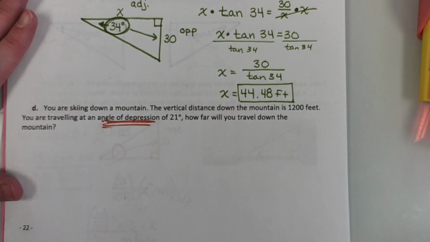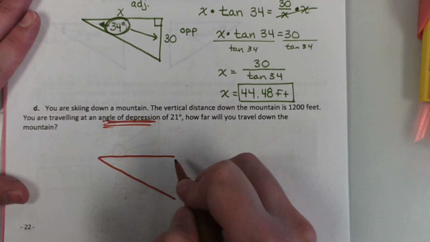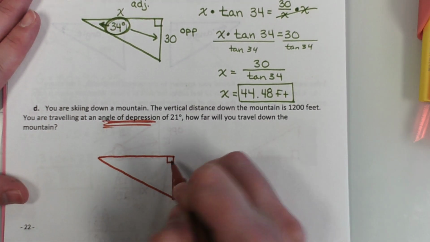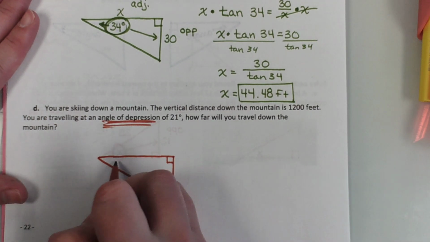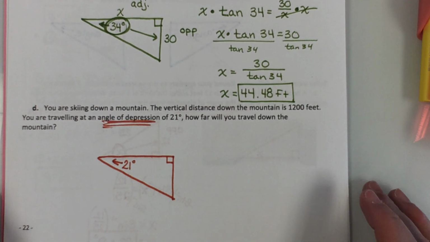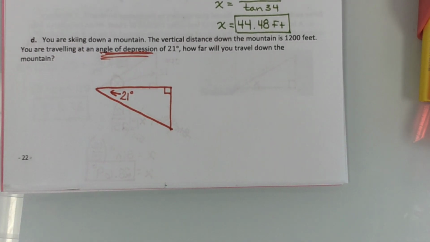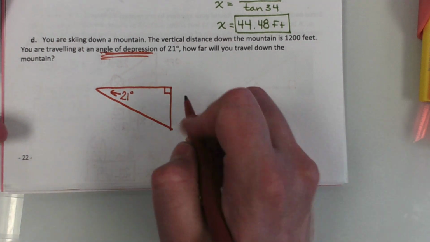Okay, angle of depression, horizontal, down. There's my right triangle. Angle of depression is the one next to the horizontal. That's the 21 degrees. The vertical distance is 1,200. Which side's vertical? The right one, the up and down. That's vertical.